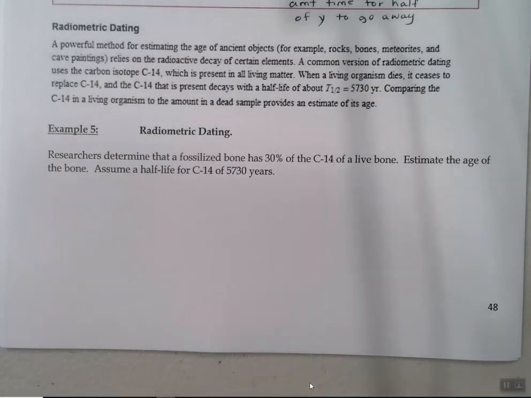So keeping that in mind, let's take a look here at example 5. Researchers have determined that a fossilized bone has only 30% of the carbon-14 of a live bone. Estimate the age of the bone, assuming the half-life of C14 is 5,730 years. So the first thing we're going to need is to write down our exponential decay equation.